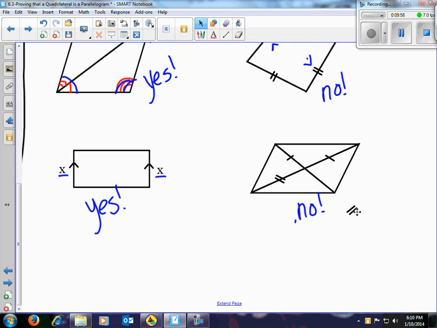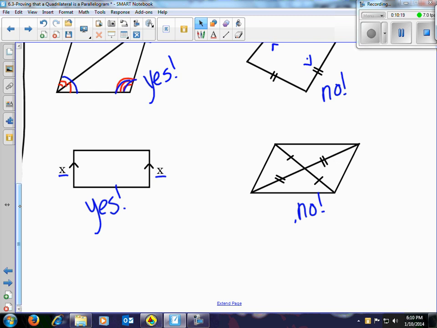Now, if my tick mark was like this, and this tick mark was like this, then yes, it would be a parallelogram. But since it was the other way around, it does not work as a parallelogram.